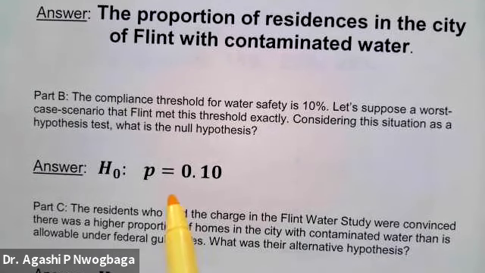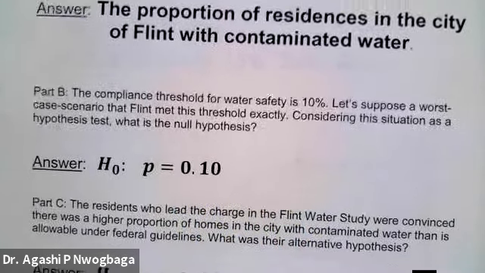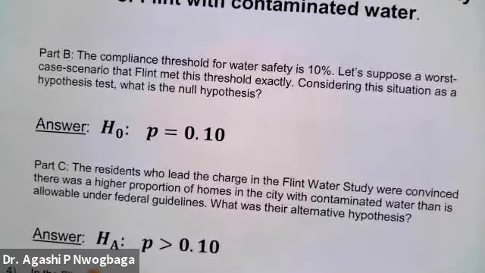Well, since the null hypothesis is P equals 0.10, the alternative hypothesis has an inequality sign, and they're claiming it is more. So the alternative hypothesis HA is P greater than 0.10.